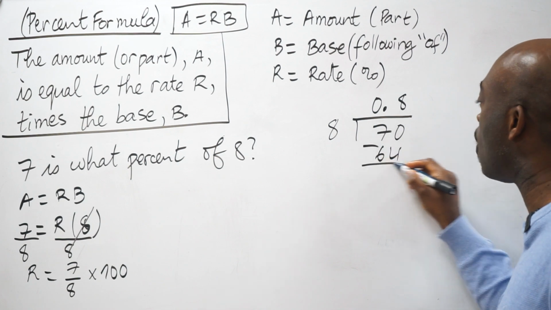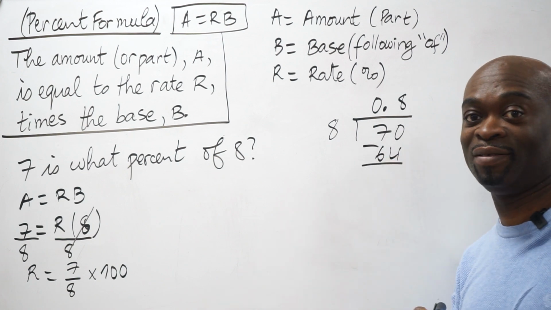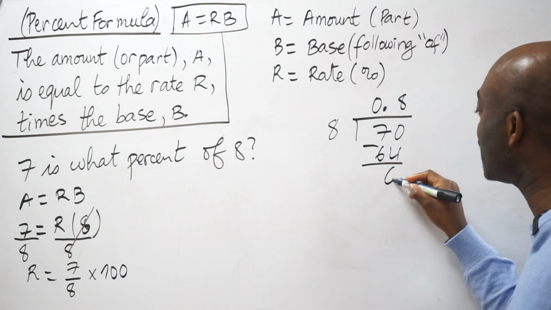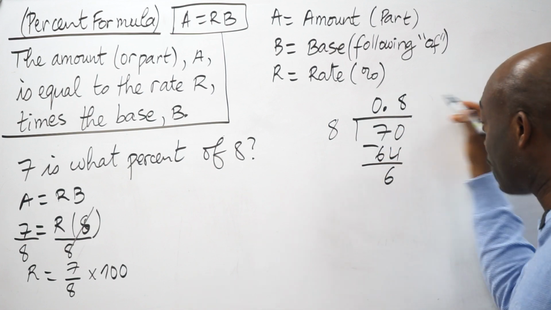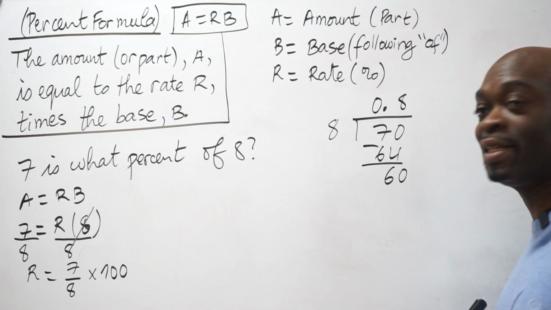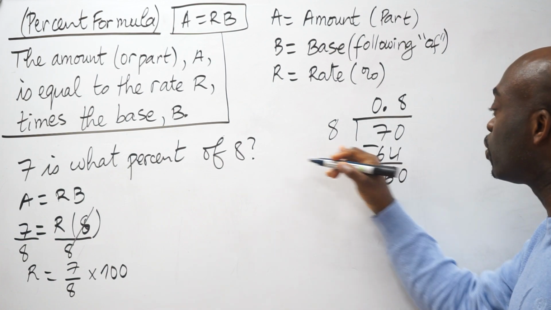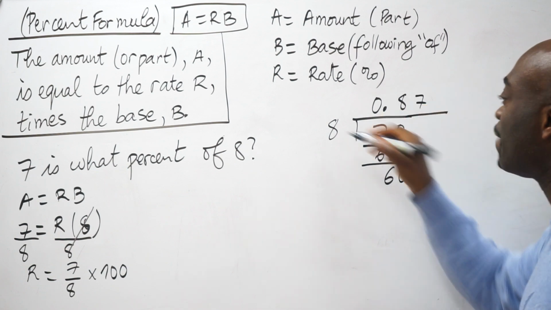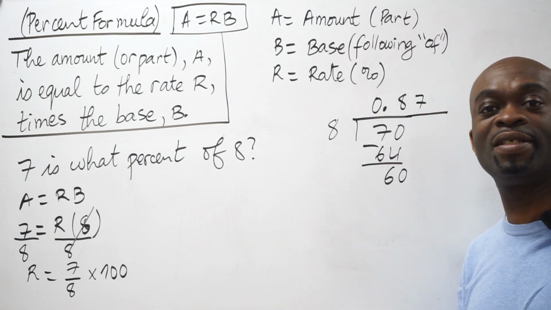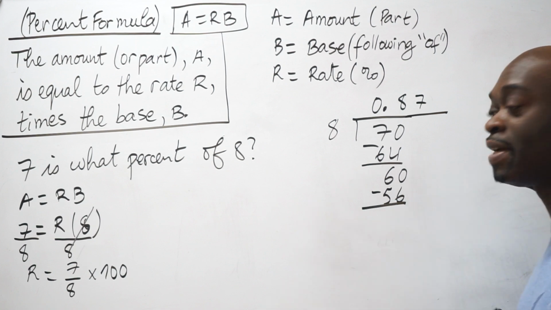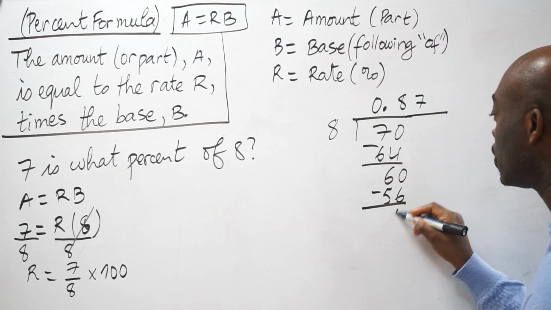Our multiplication table is back. 70 minus 64 gives us 6. We continue by adding the 0 again. 8 goes into 60 how many times? 7 times, because 7 times 8 is 56. We subtract 56: 60 minus 56 gives us 4.